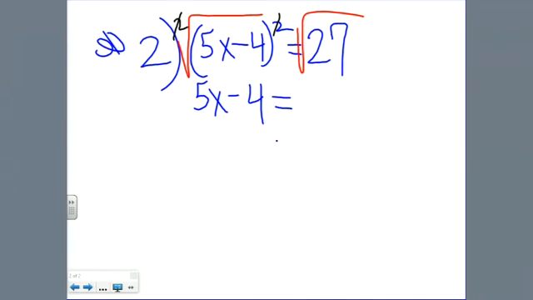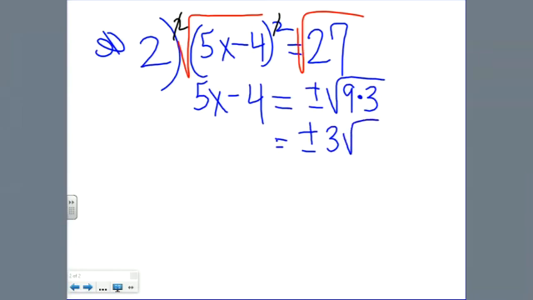So we can break down 27 as, and don't forget your plus minus, 9 times 3. Because we know the square root of 9 is equal to 3, we'll pull a 3 on the outside, and there's a 3 left on the inside of the radical.